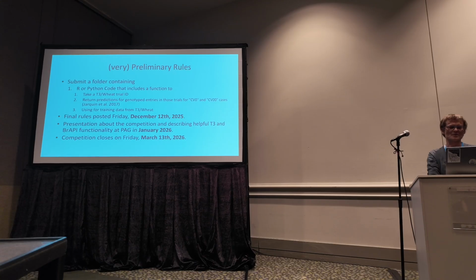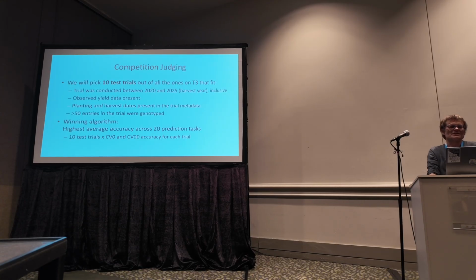Okay, so enviromics. To decide who wins, we'd pick 10 trials from T3 that were conducted recently, where we have yield data, we have the planting and harvest dates, and they have at least 50 entries that were genotyped.